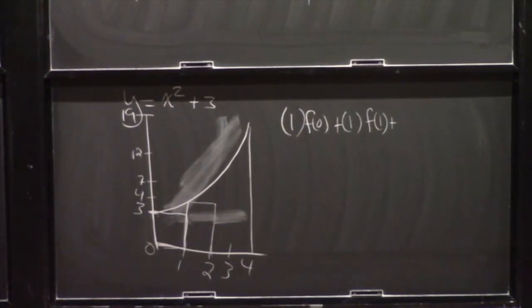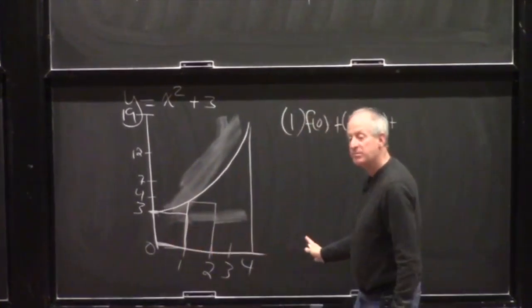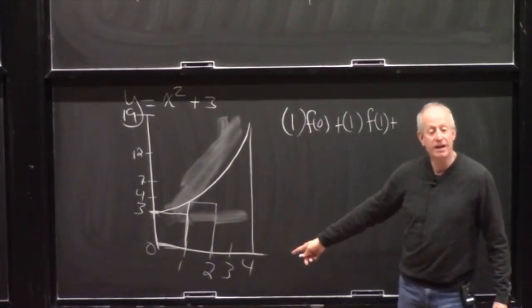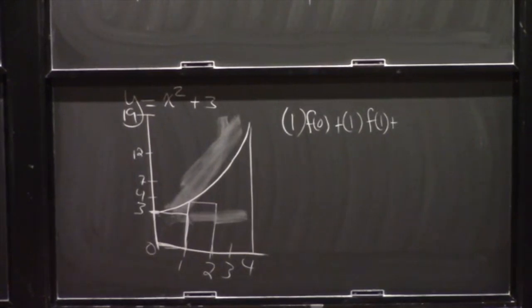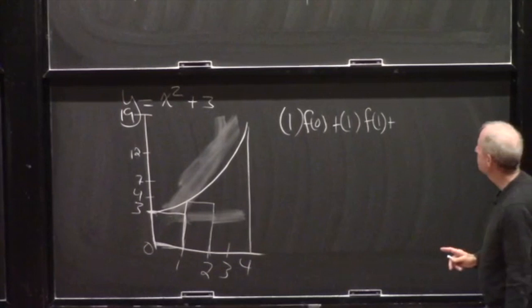Okay? The x value is, well, I choose to take the interval from 0 to 4 and cut it into that many pieces. And this 1 is the width of each of those rectangles. And the height is found by evaluating the function at the left endpoint of each of those cuts in the x-axis.